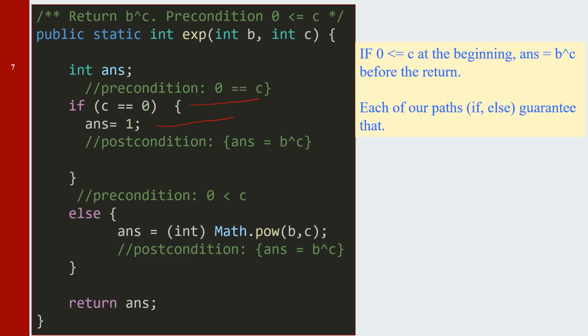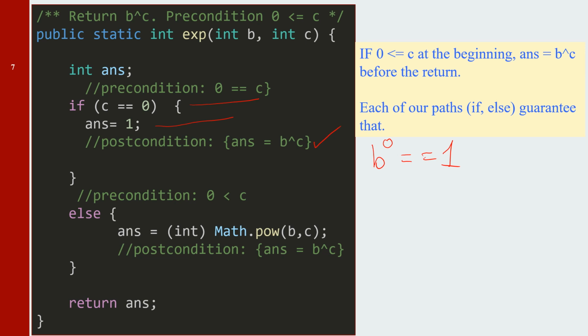And in fact, it is true that b to the 0 is equal to 1, so that is b to the c. That works out. On the other hand, if c is greater than 0, I'm going to set the answer to be Math.pow(b, c). If you believe Math.pow works the way that it should, then this will give you the correct answer. I also made sure to cast to int.